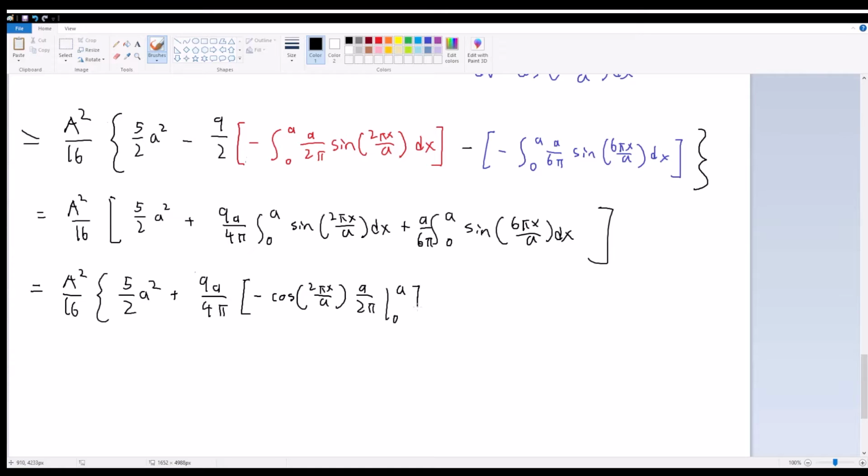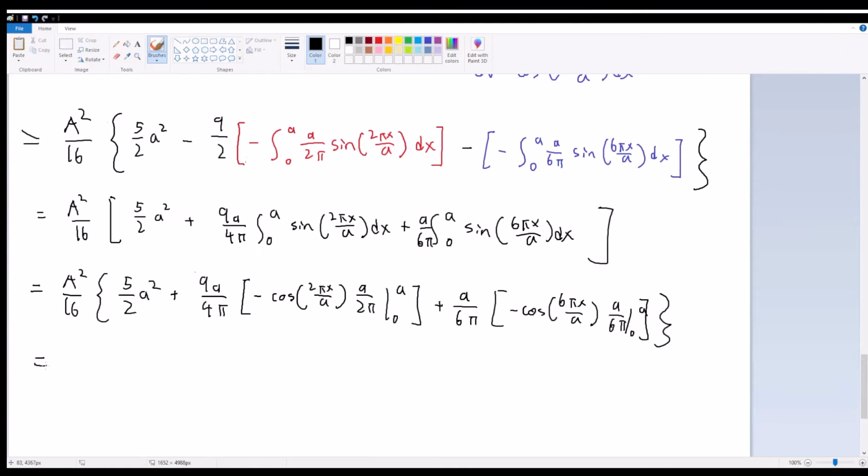Is that correct? Yes. And then plus a over 6 pi times negative cosine 6 pi x over a times a over 6 pi, going from 0 to a.